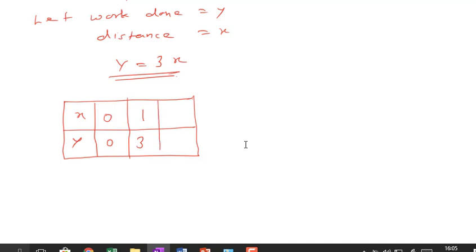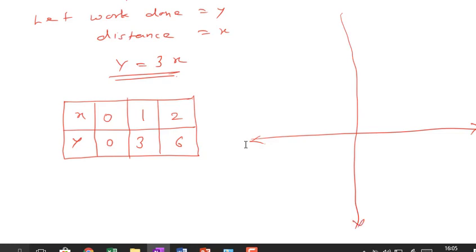When I take x as 2, I get y as 2 threes are 6. So for the graph, I will draw the x-axis. Now in x we have values 0, 1, 2 and in y we have values 0, 3, 6. We can take the scale as 0, 1, 2 along x, and along y we can take the scale as 0, 3, 6.